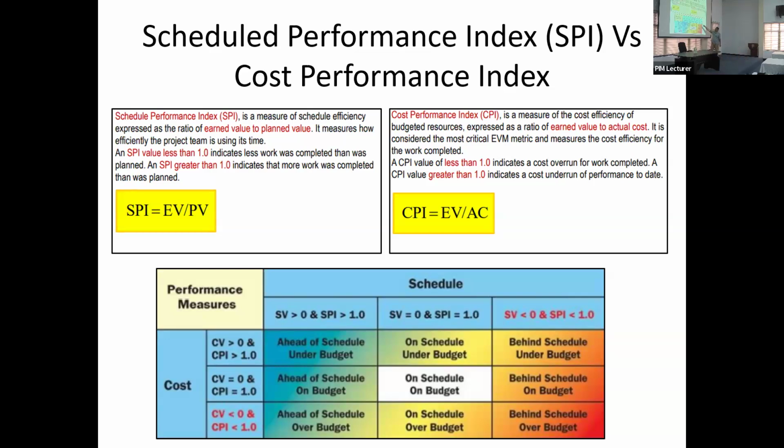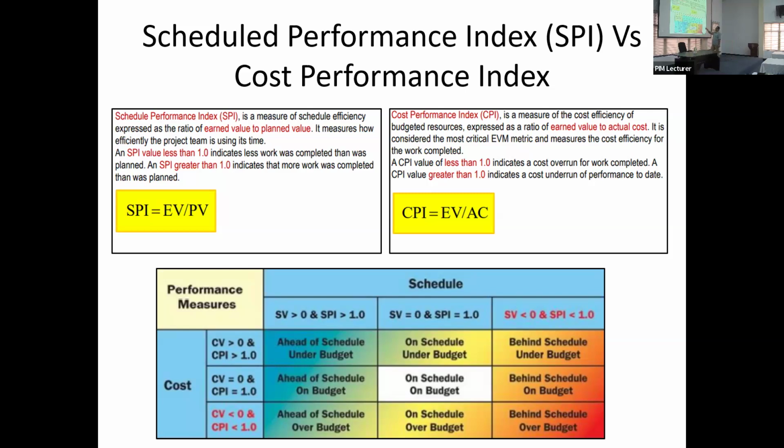So if the SPI, which is time, is less than 1, and if the cost index, CPI, is less than 1, you are here. That means the project is behind schedule and is going to be over budget.